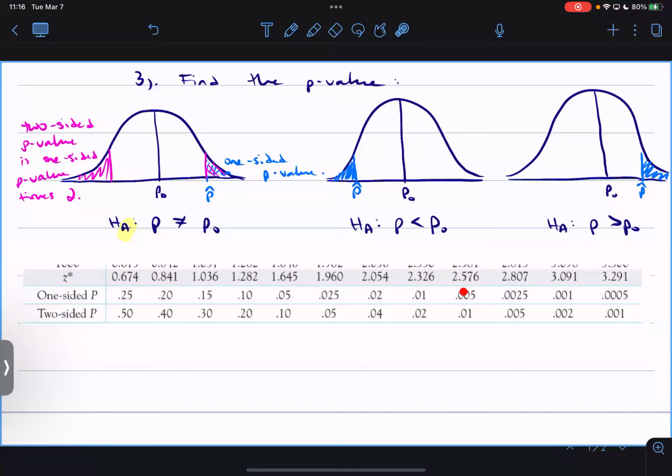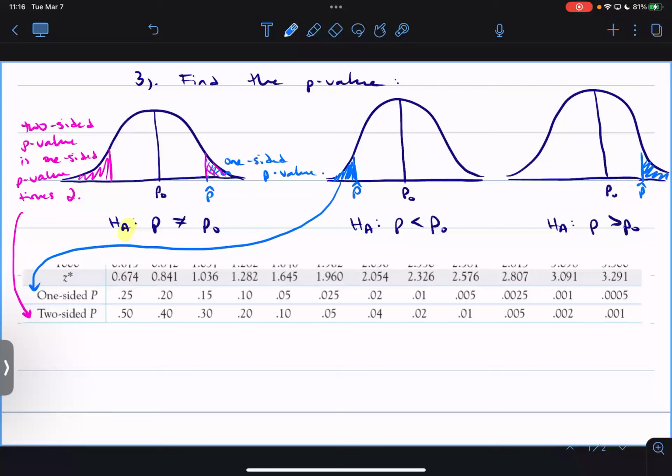And if you have a two-sided test, then you use the two-sided p, and it's already done that work of multiplying by 2 for you. 0.25 times 2 is 0.5, 0.20 times 2 is 0.4. It's kind of redundant, but it's just nice to have. And so here, these guys go to this line, and these guys go to this line.